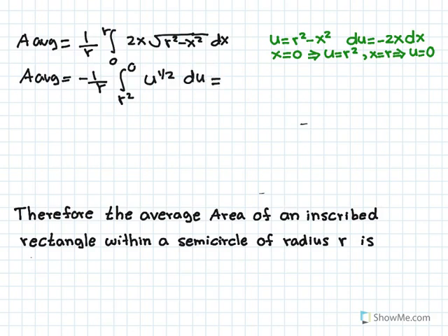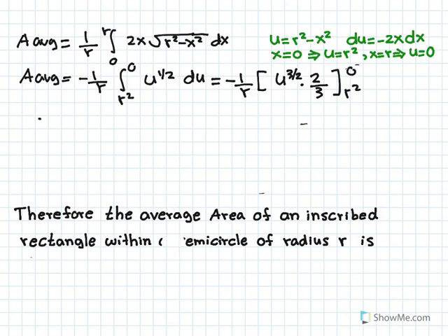And if we integrate this by reversing the power rule, we get negative 1 over r times u to the 1/2 plus 1, which is 3/2. Divide by 3/2, that's the same as multiplying by 2/3. And evaluate this from r squared to 0.